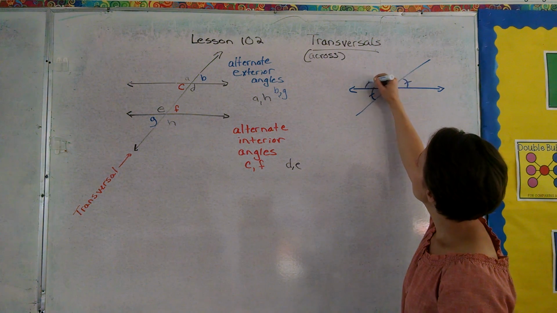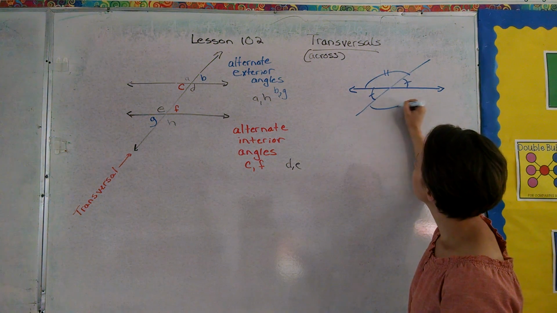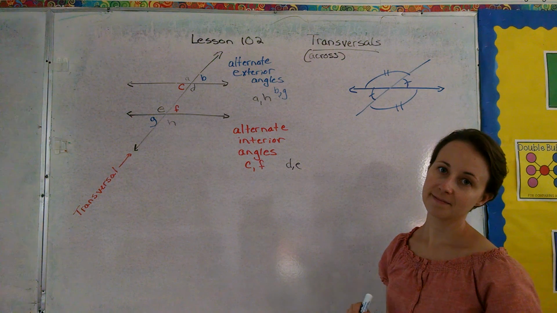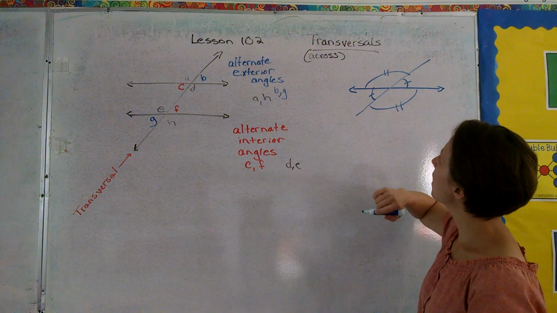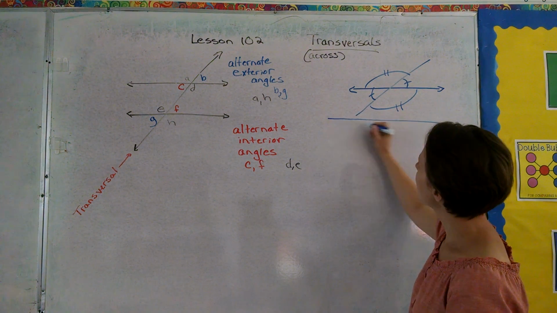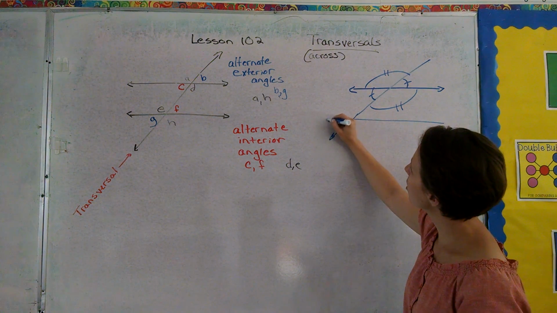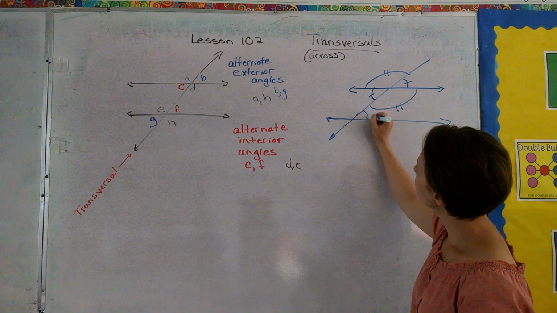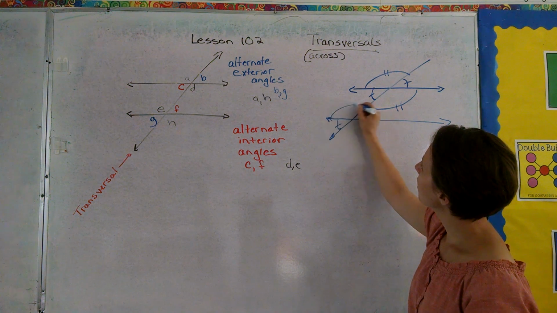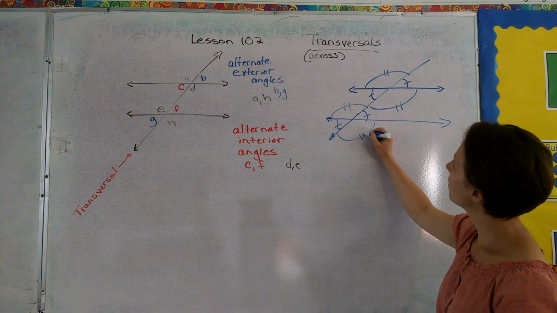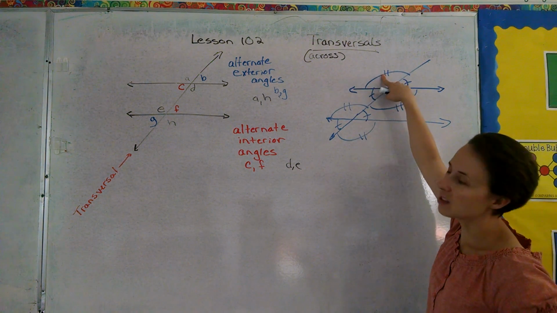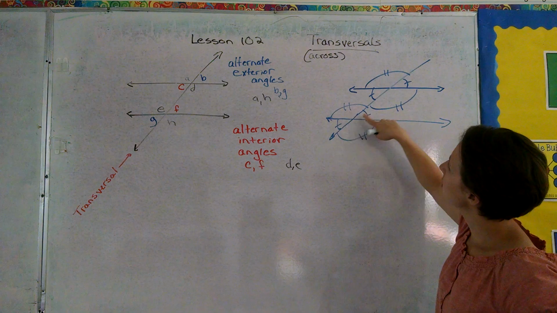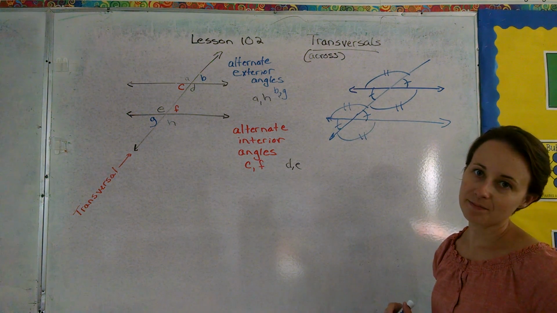We also know that these angles are the same. Well, now we're just going to do this, but we're going to do it twice. Here's another parallel line, and we're just extending this one to make our transversal. This angle is the same as this one. This angle is the same as that one. Now look, I have four angles that are the same, and these four angles that are the same.